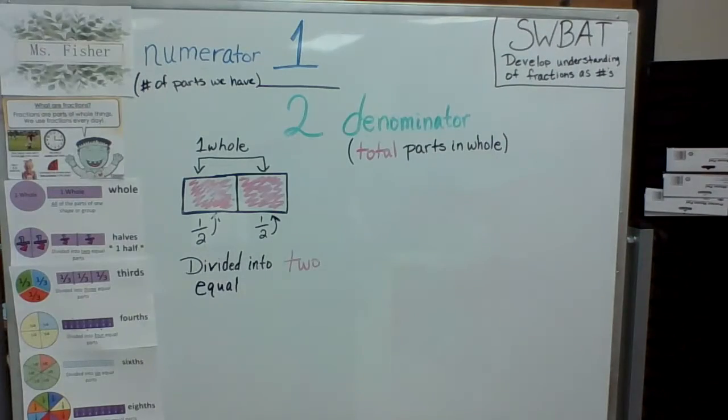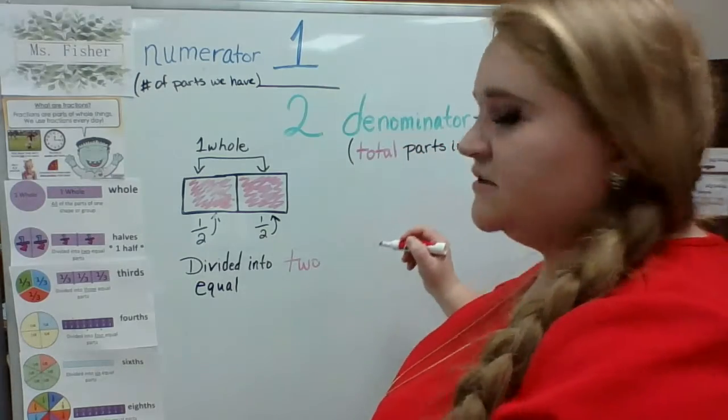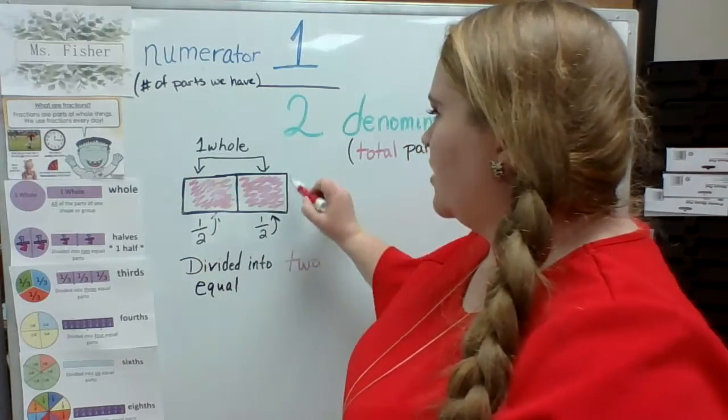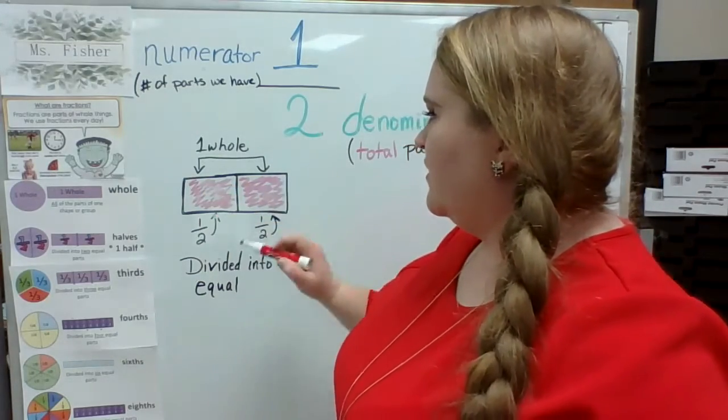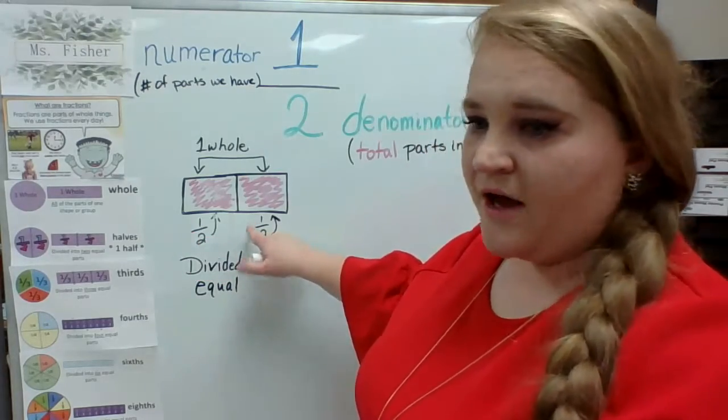Okay? So it's 1 out of 2 equal parts. So this is the whole piece of chocolate right here, and then you divided it, so you have 1/2 and 1/2.